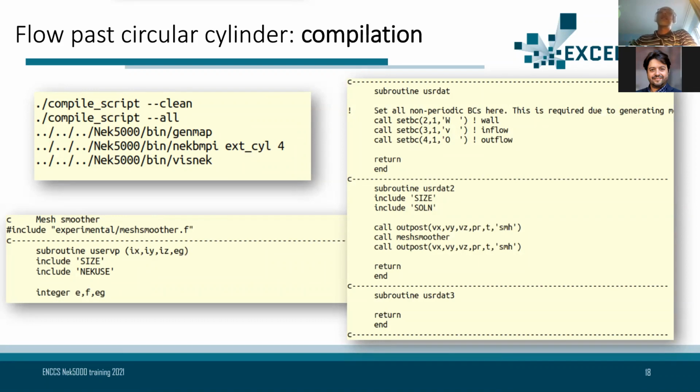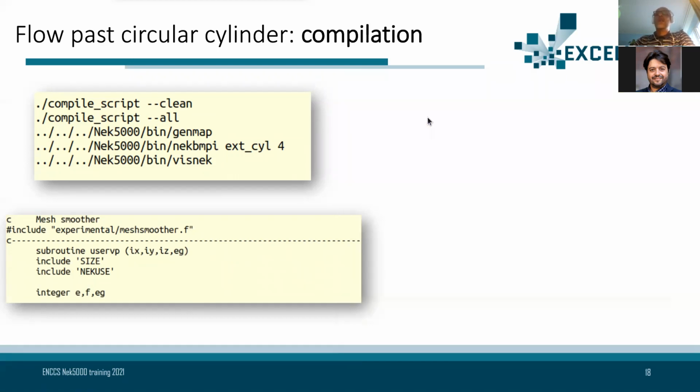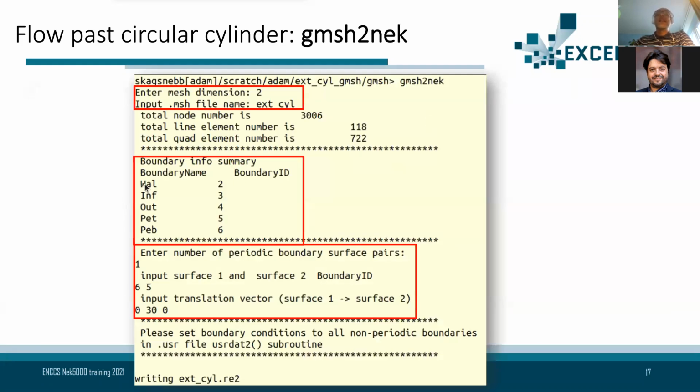The mesh file does not contain a proper boundary condition description that would be found in the RE2 or REA files generated by Genbox, PreTex, Prenek, or whatever the Nek native tool would be. So what we have to do is provide, inside the subroutine in user.dat, a conversion.